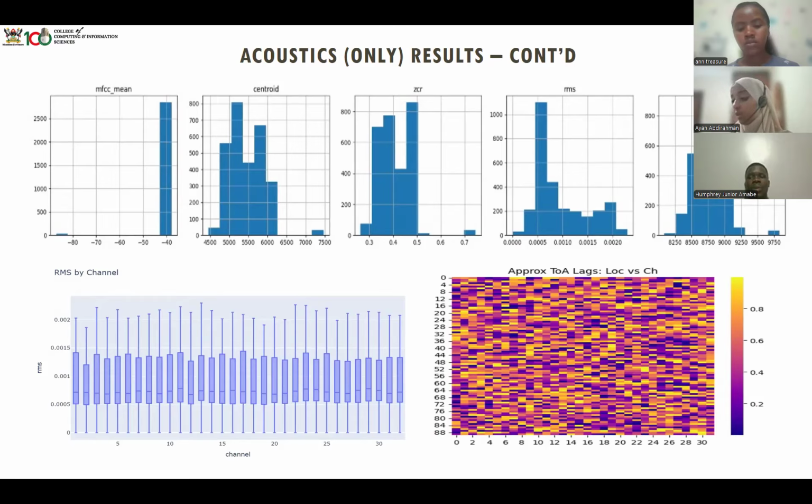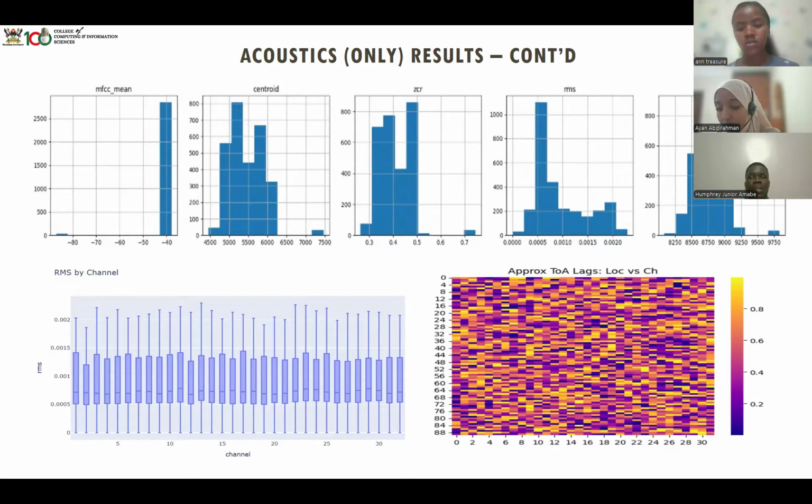Now the diagonal is always 0, because it compares a channel to itself. But off diagonal, blue means that the burst arrived first at the x-axis channel. Yellow orange means that it arrived first at the y-axis channel.